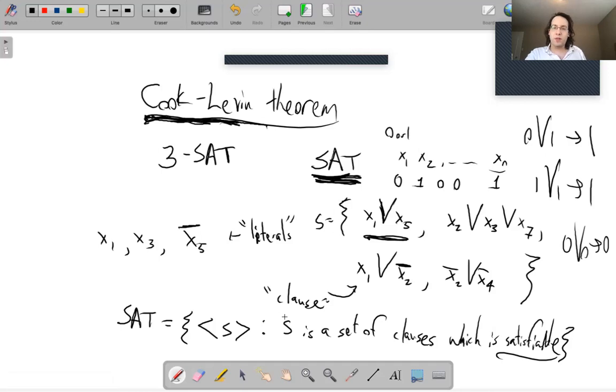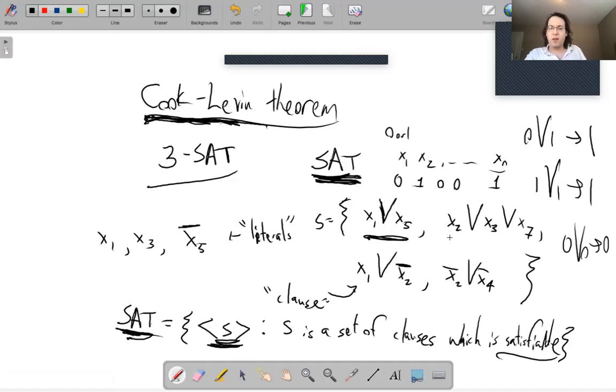Okay, so that's the satisfiability problem. I'm given a set of clauses and I want to satisfy all of them. If it's possible to satisfy all of them, then we include this set of clauses in the language SAT. But if it's not possible, then it's not in the language SAT. So the language SAT is the set of all satisfiable sets of clauses. 3SAT is the same thing, except the clauses each have to have size at most 3.